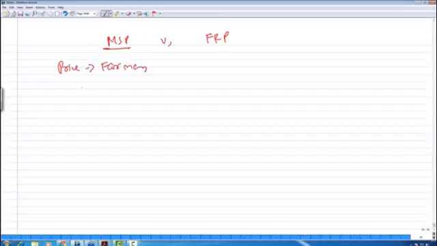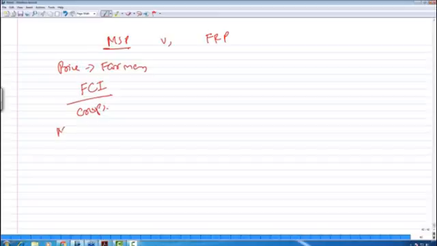Another good question which has come is MSP versus FRP. So we discussed FRP when we discussed sugarcane pricing. Now MSP is the price which is given to the farmers. It is given by the Food Corporation of India when they buy the crops.